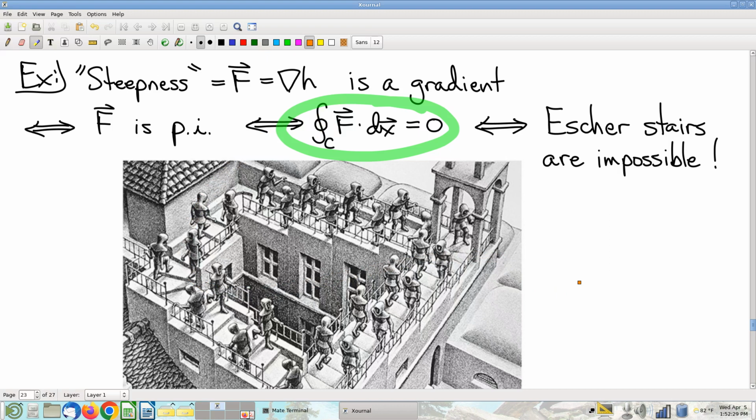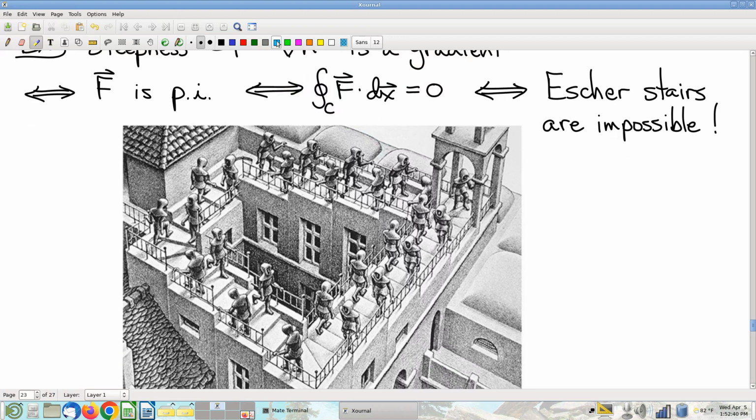Now, we know this about the steepness vector field, right, in previous discussions. Here's the thing. What Escher has done in this art, if you were to look at, as you move along the stairs here, and let's just look one little bit at a time, moving from there to there. Well, my altitude has increased.